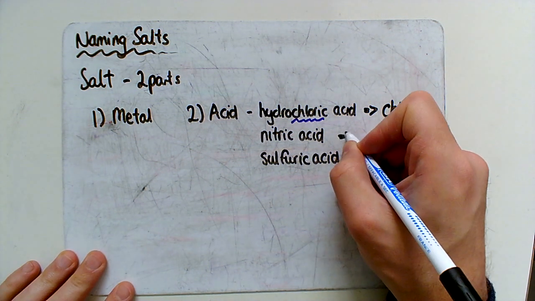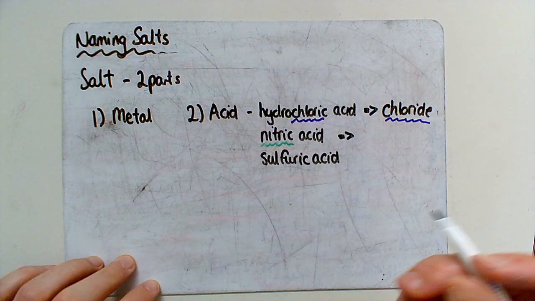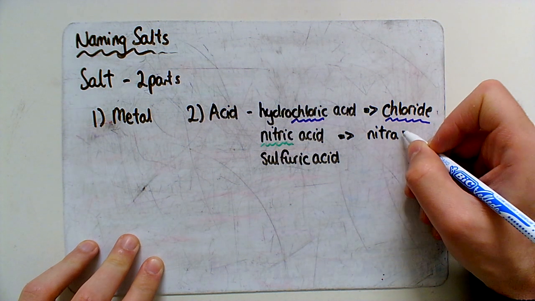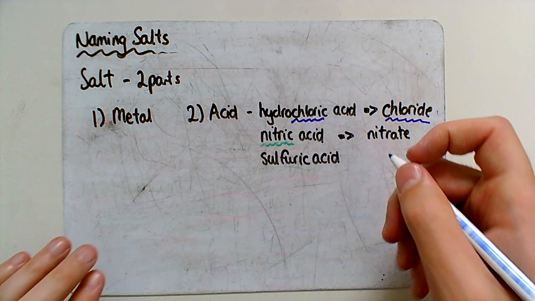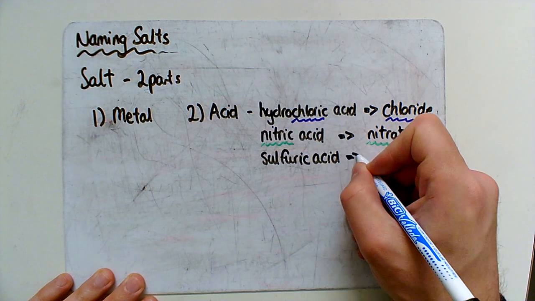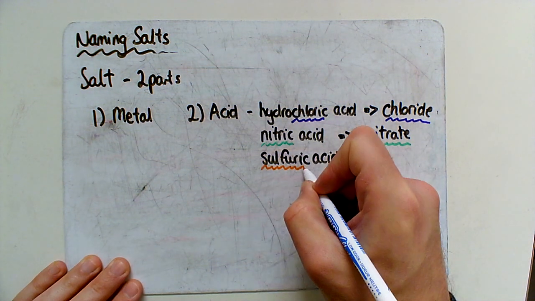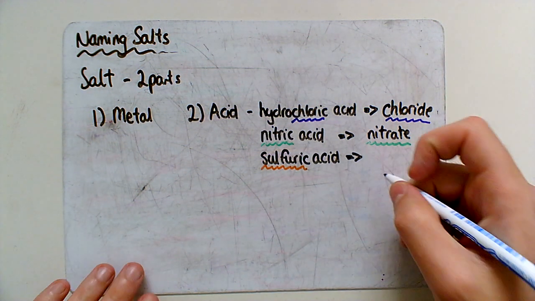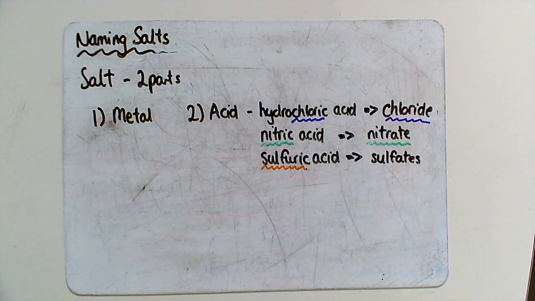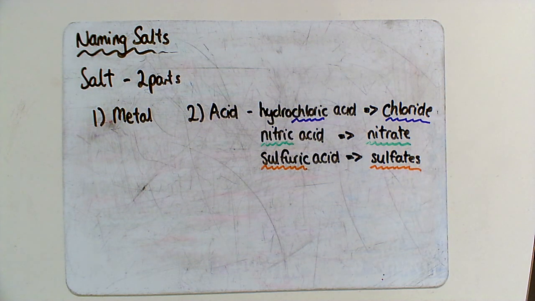Next one is nitric acid. Now, nitric acid, from the nitric part, we end up with nitrate, just like before. And then sulfuric acid, well, sulfuric acid, we've got this sulfuric part, and that produces sulfates. So it's a bit easier actually than before.